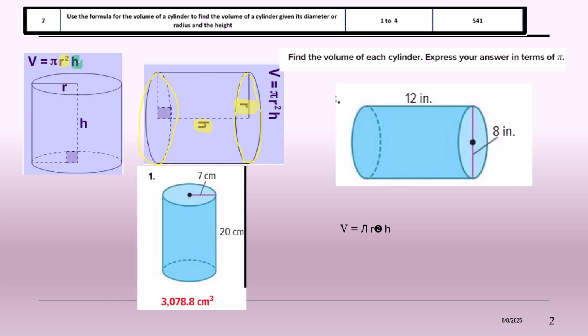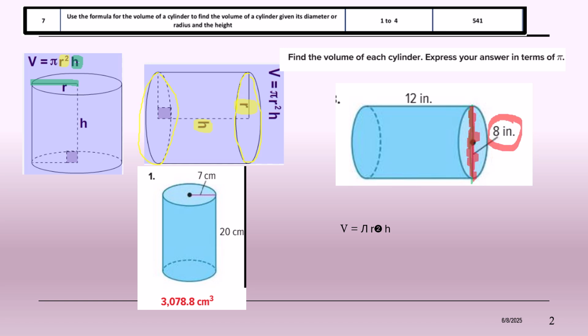So all you need to do is ensure that when you're given the formula, if they're asking you to find the volume, make sure that you know what is the difference between radius and diameter. If you look at this example on the right hand side, I'm going to use the red to highlight the 8.